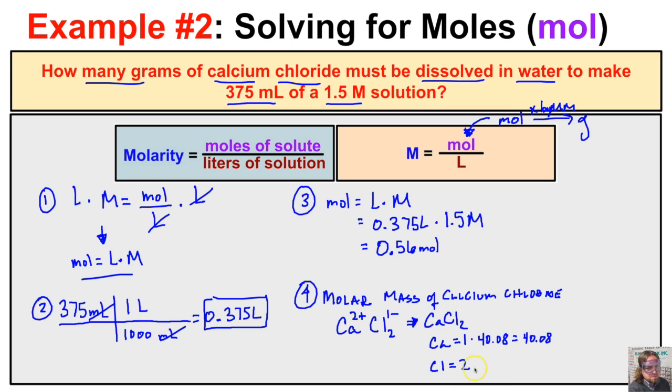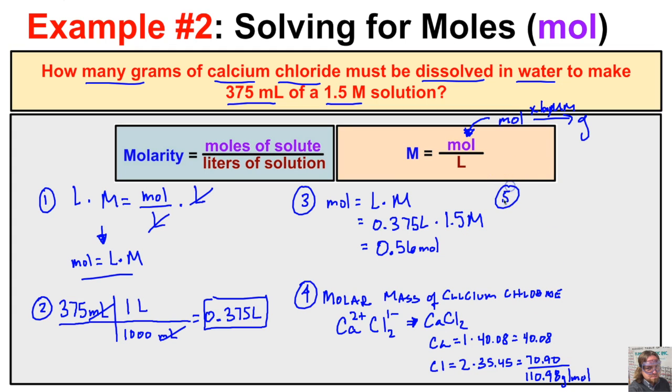If we take a look at our periodic table, we'll see that chlorine has a molar mass of 35.45, and this is going to give us 70.90. And when we add these two values up, when we take 40.08 plus 70.90, we're going to end up with 110.98 grams per mole. All right, so we just figured out the molar mass of calcium chloride.